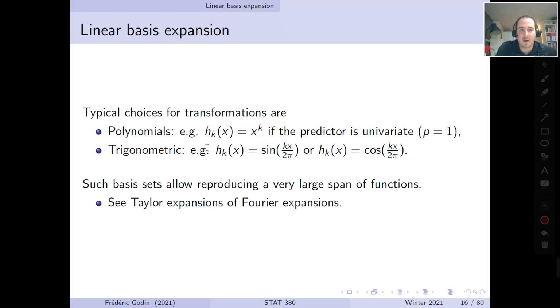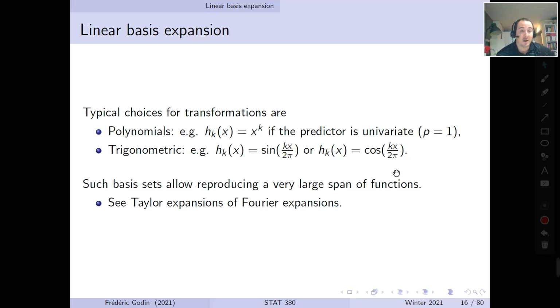Another common set of transformations are trigonometric transformations. So h_k can be of the form sine of 2 pi kx or cosine of 2 pi kx. Okay, so this is a bit mysterious. Why would we consider trigonometric transformations?